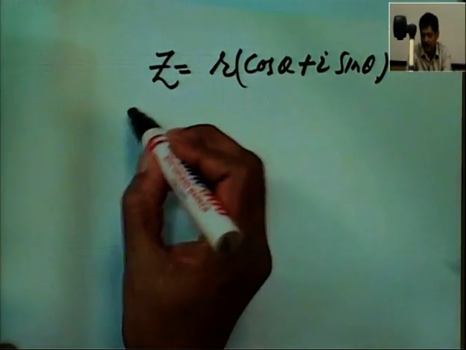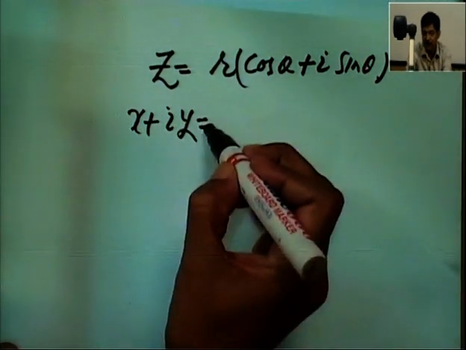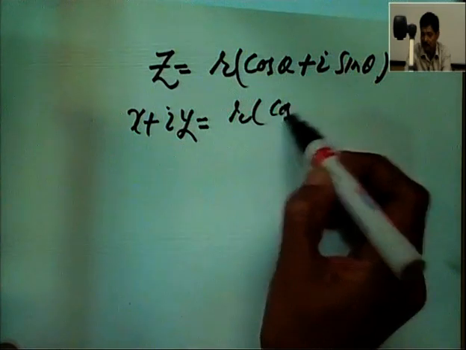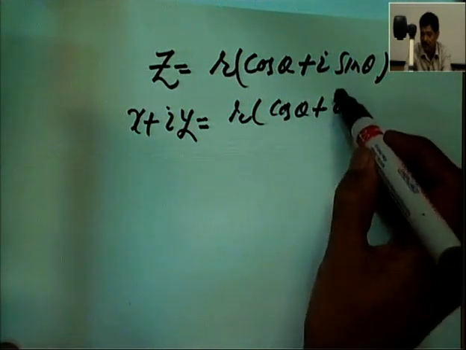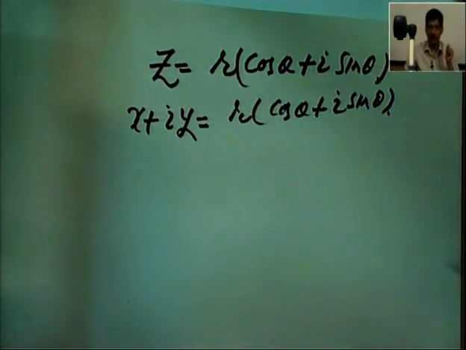That is x plus iy, if I am writing, as r cos theta plus i sin theta, that is your r cos theta plus iota times r sin theta.